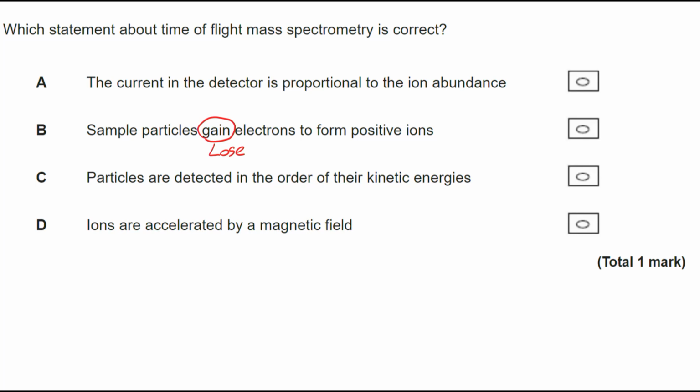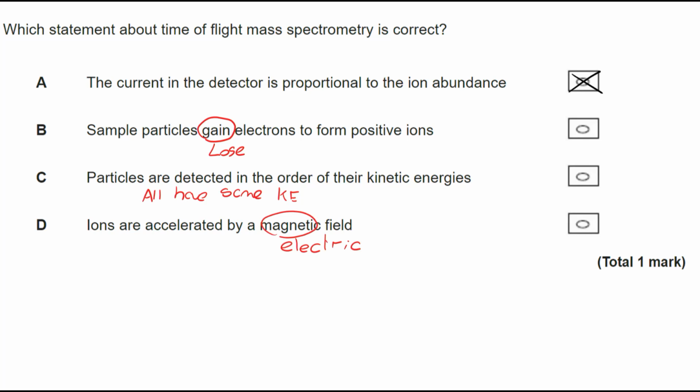Particles are detected in order of their kinetic energies is false. If you remember, when we accelerate the particles, we accelerate so that they have the same kinetic energy. It's just that small particles then move faster. And ions are not accelerated by a magnetic field, they are accelerated by an electric field.